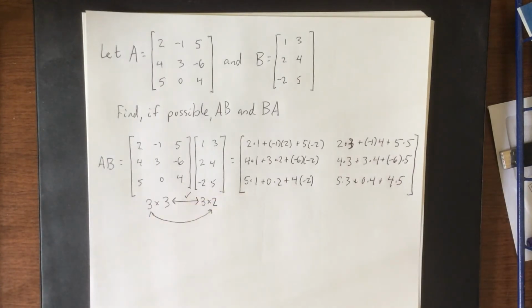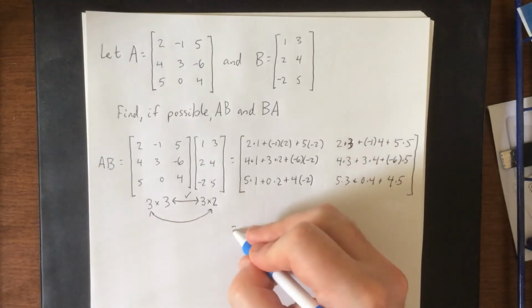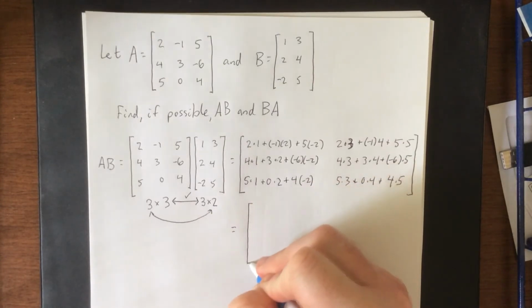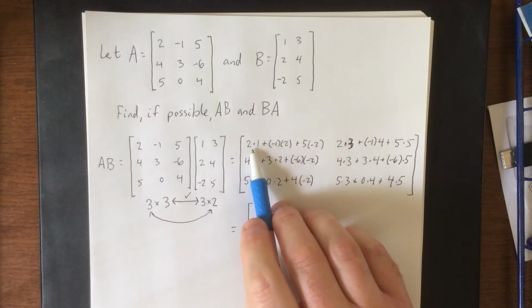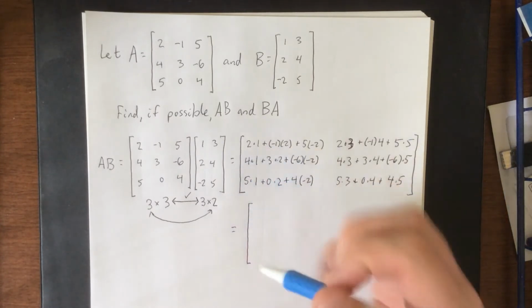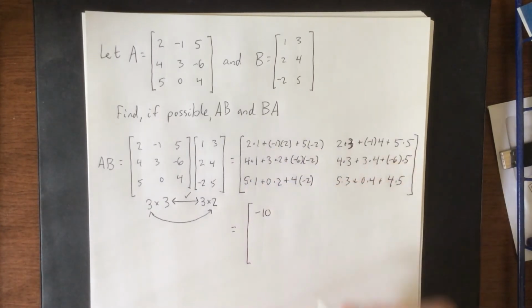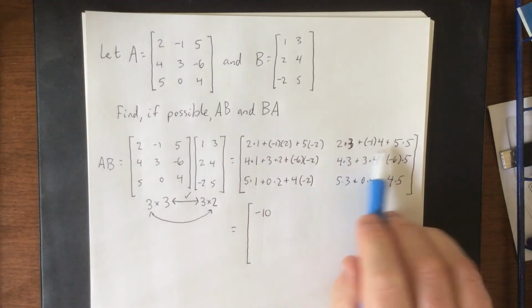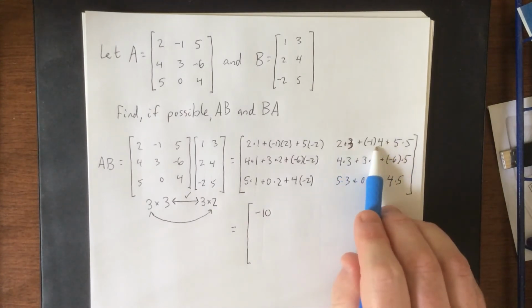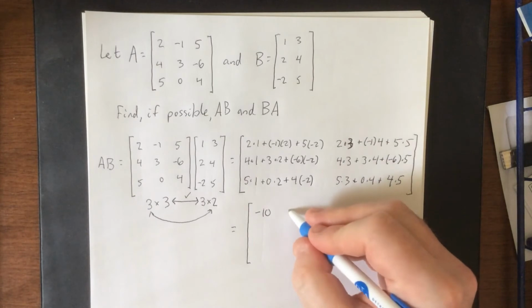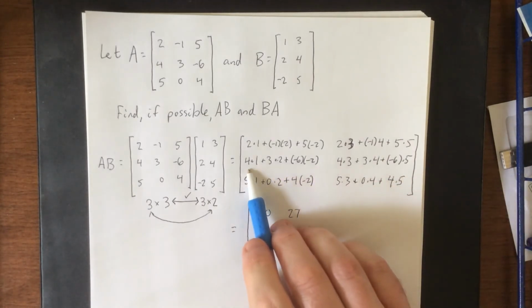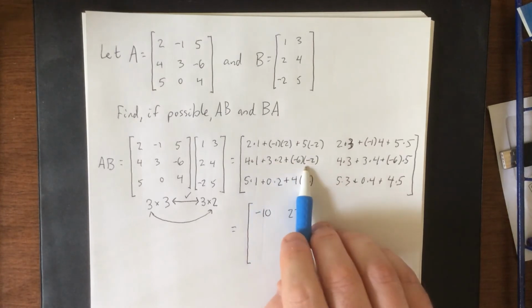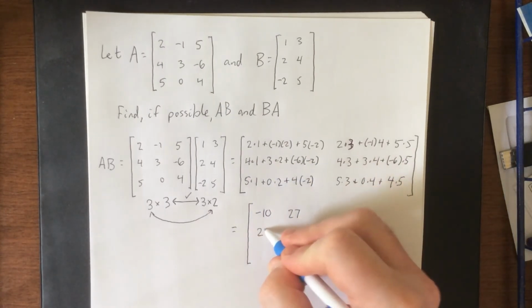Once you get to this point, it is simply arithmetic to simplify each of these entries, and we'll see what we get for a final result. So for the 1, 1 entry, I'm seeing 2 minus 2 minus 10. That'll be -10. For the 1, 2 entry, I'm seeing 6 minus 4 plus 25. That'll be 27. For the 2, 1 entry, 4 plus 6, that's 10, plus 12, that'll be 22.